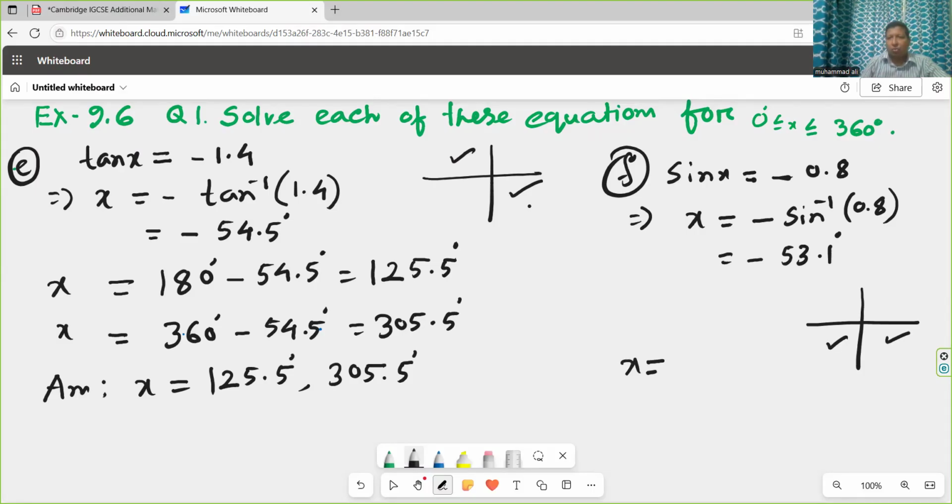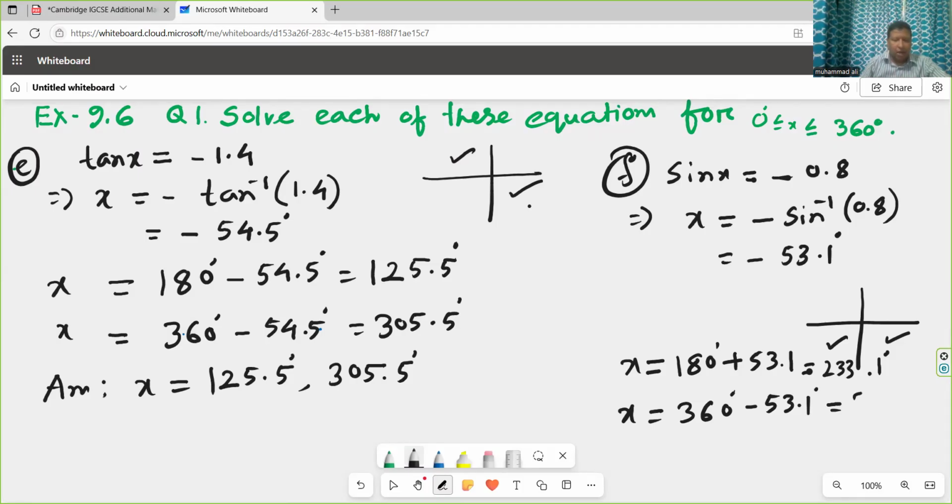So x equals 180 plus 53.1, which comes to 233.1 degrees when sine is negative. And another value, x equals 360 degrees minus 53.1 degrees, which comes to 306.9 degrees. Answer: x equals 233.1 degrees and 306.9 degrees. Both of these results give sine negative.